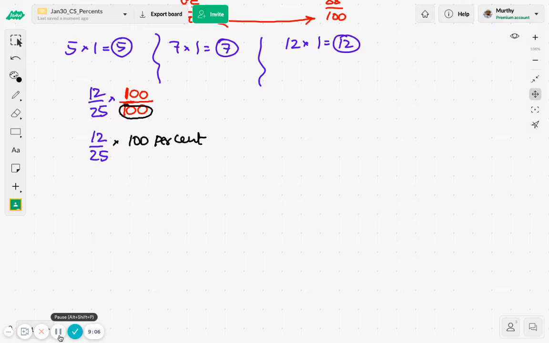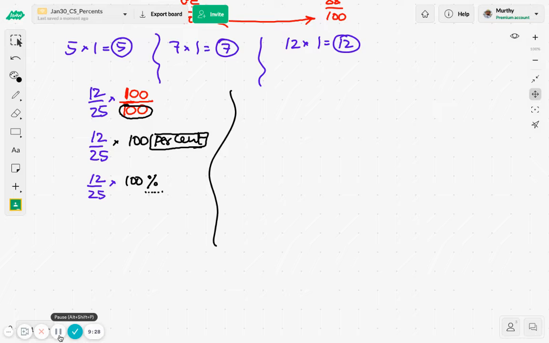So I'm multiplying by 100%. You know what is the meaning of percent? Out of 100. Therefore, it is going to be 12 over 25 times 100%, and this is the symbol of percentage.